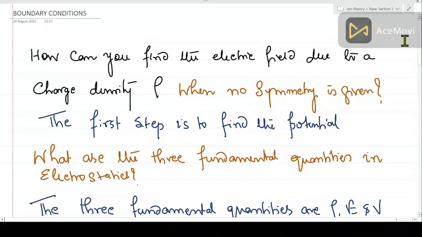So if you are given a problem to find the electric field due to a charge density rho when there is no symmetry condition, what happens when you have symmetries given in the condition? Then you apply the Gauss law.